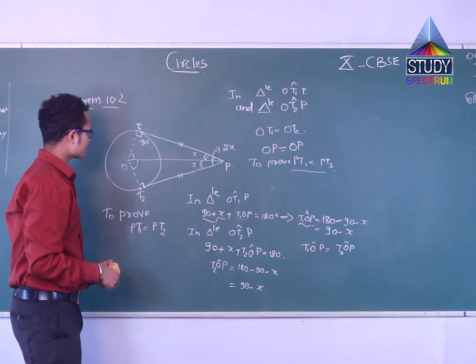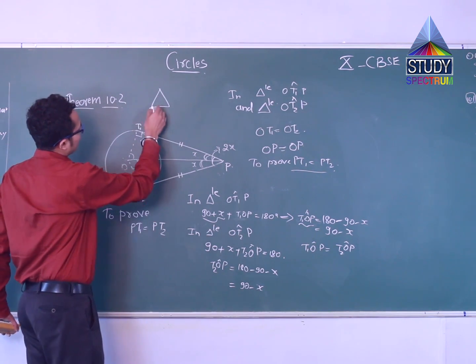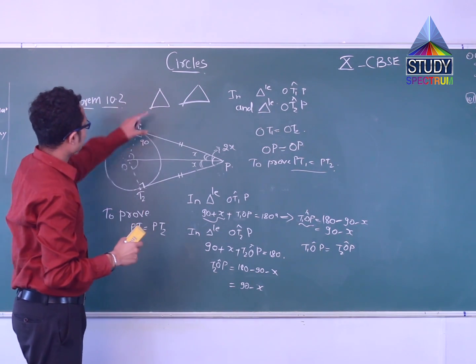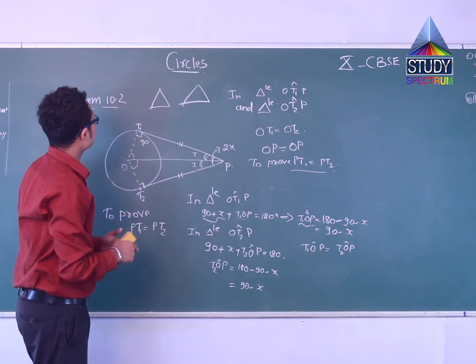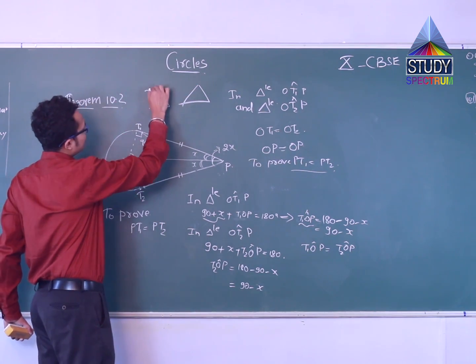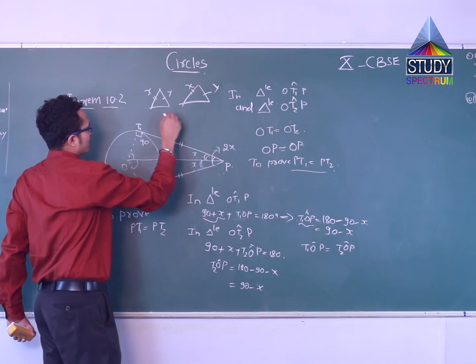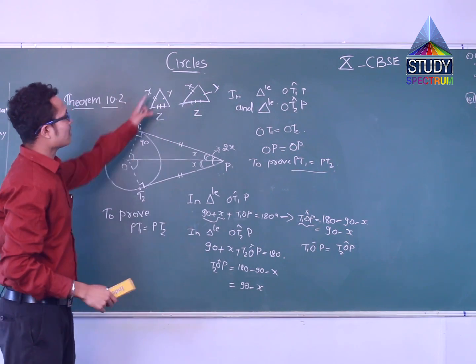I'll repeat this. The concept of congruence here is, in triangles you must have all the corresponding sides of equal magnitude. If this is x, this will also be x. If this is y, this will also be y. If this is z, this will also be z. Similarly, you will have angles.